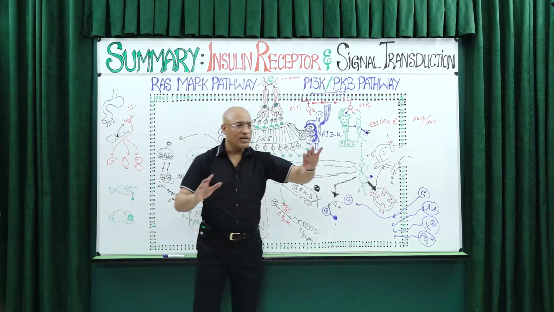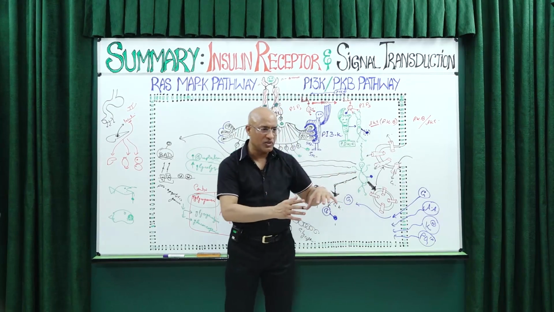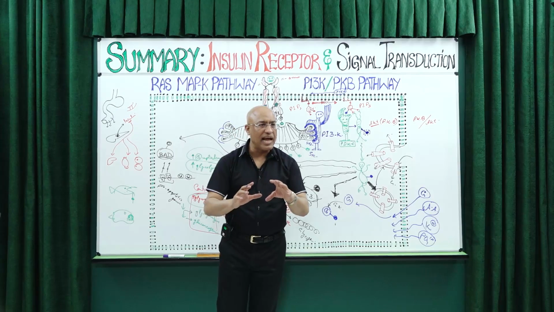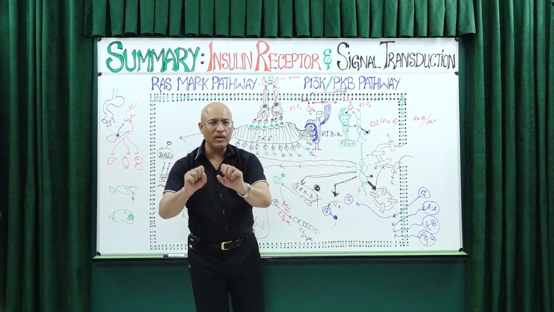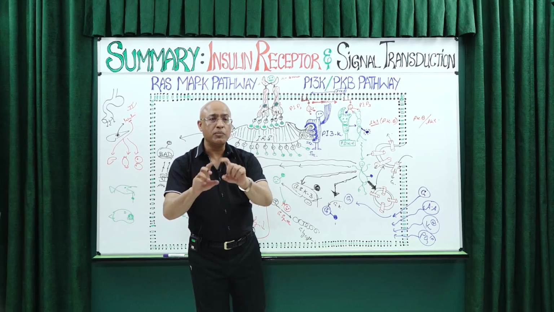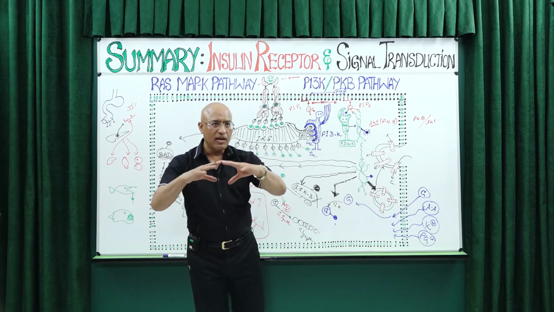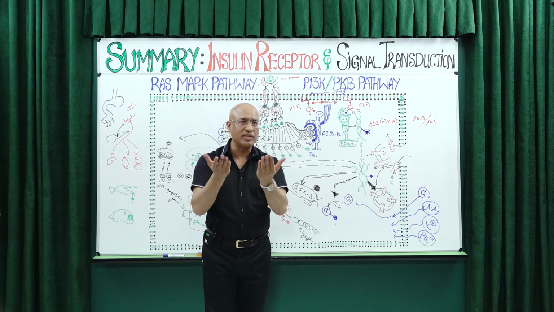Then AKT, number 1, changed the membrane. Number 2, it changed glucose and carbohydrate handling. Now AKT will act on another protein called mTOR, and mTOR will alter the metabolism of protein and lipid. Under these nutrient-rich situations, what should happen to proteins?